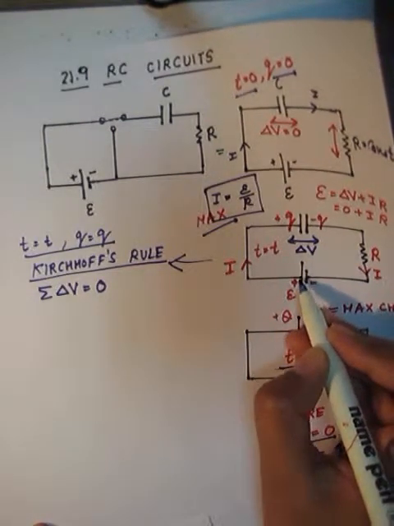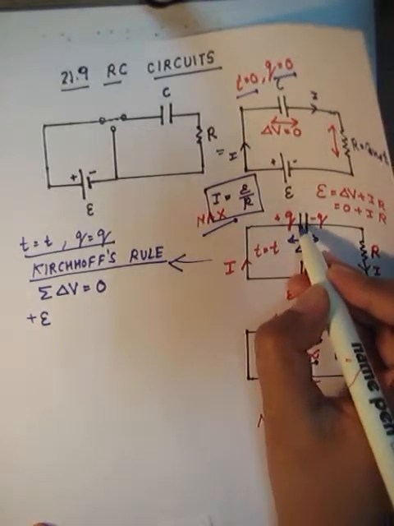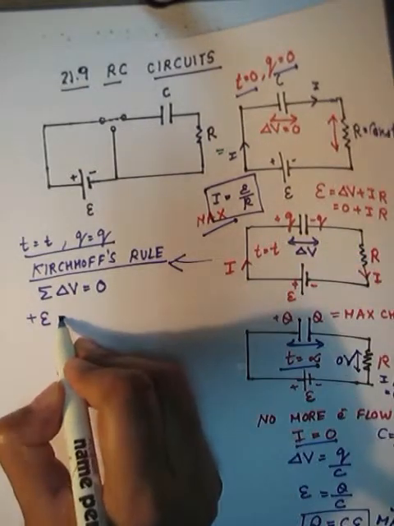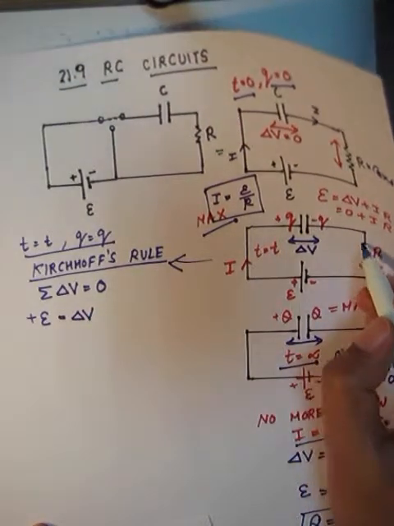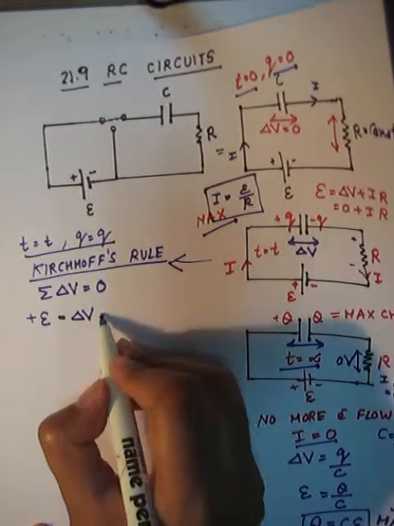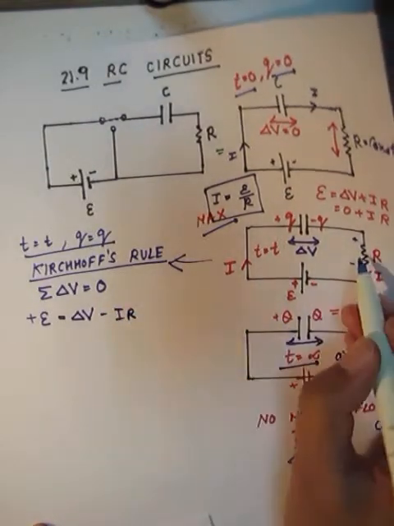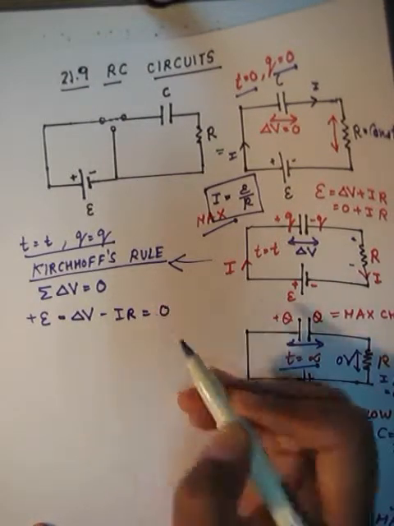So we are moving from minus to plus at the battery, so it will be plus epsilon, and we are moving from plus to minus, so it will be minus delta V on the capacitor. And here we are moving from plus to minus, so it will be minus IR.